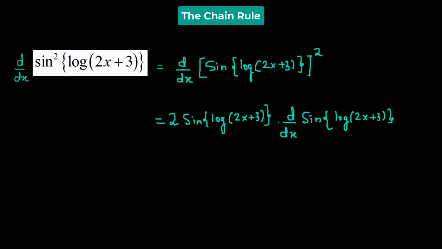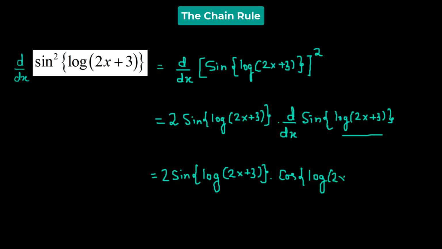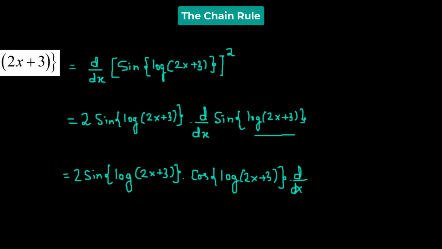Now the derivative of the sine function, assuming that log of 2x plus 3 is equal to x, should give us cosine of log of 2x plus 3, and we multiply it to the derivative of log of 2x plus 3.